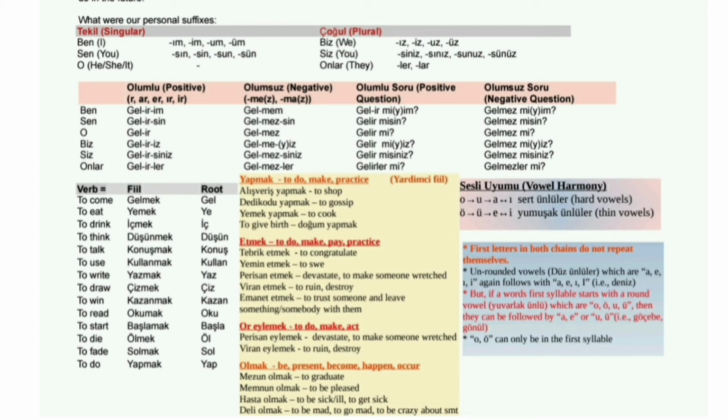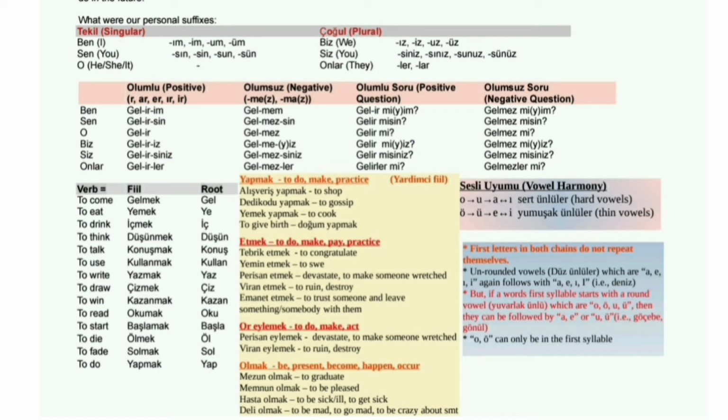So there's to do, yapmak, can be make as well. Yapmak, yap. So with do, actually yapmak, you can make other verbs. That's why we call this type of verbs yardımcı fiil.